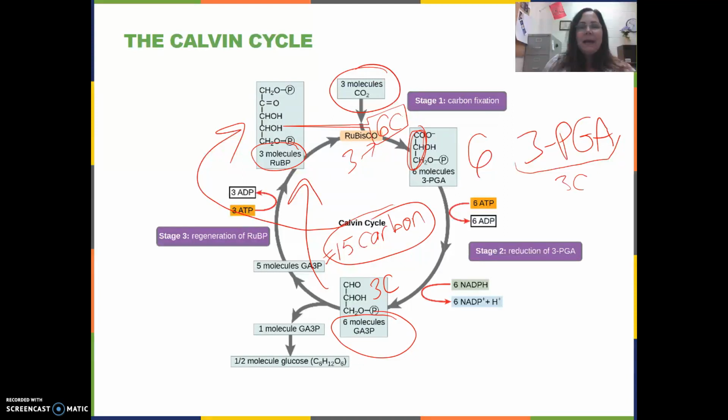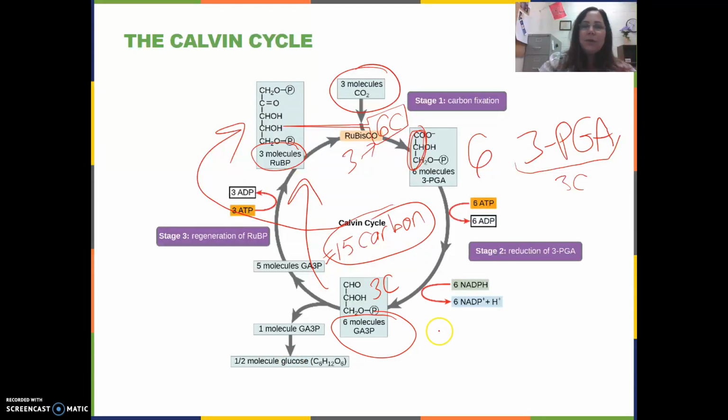So for 1 turn of the cycle, you end up with 6 GA3Ps. 5 of those are used to make RUBP, and 1 of those is used to make half a glucose.